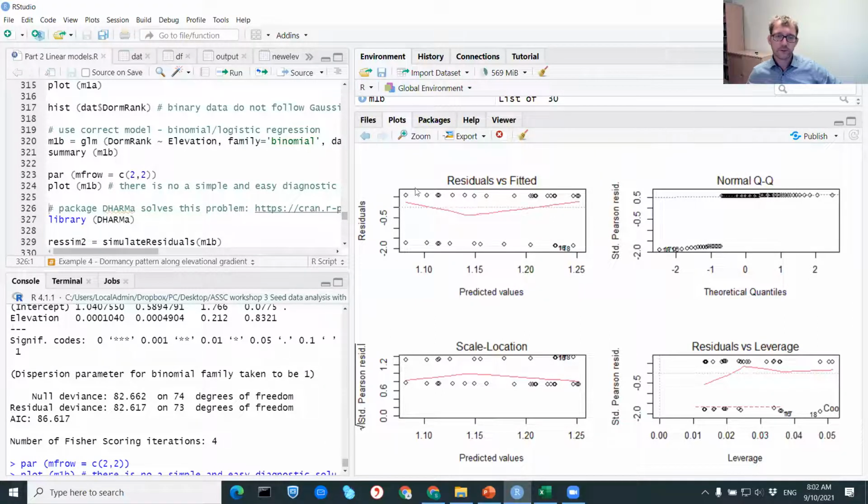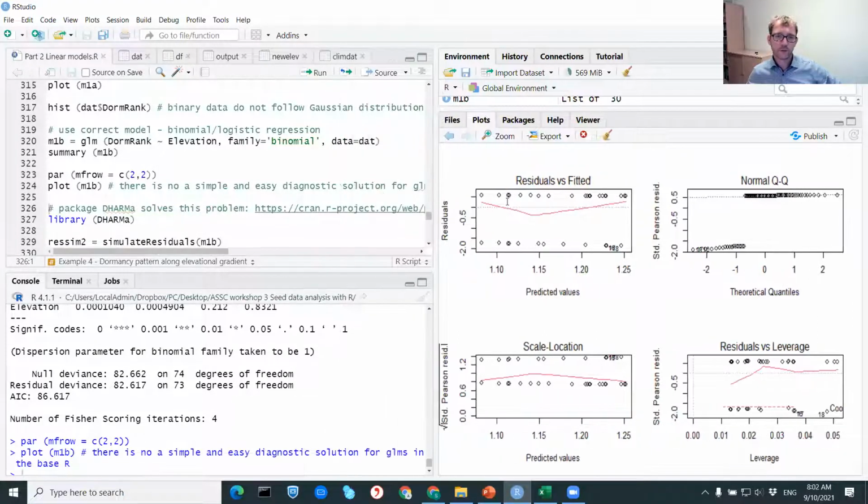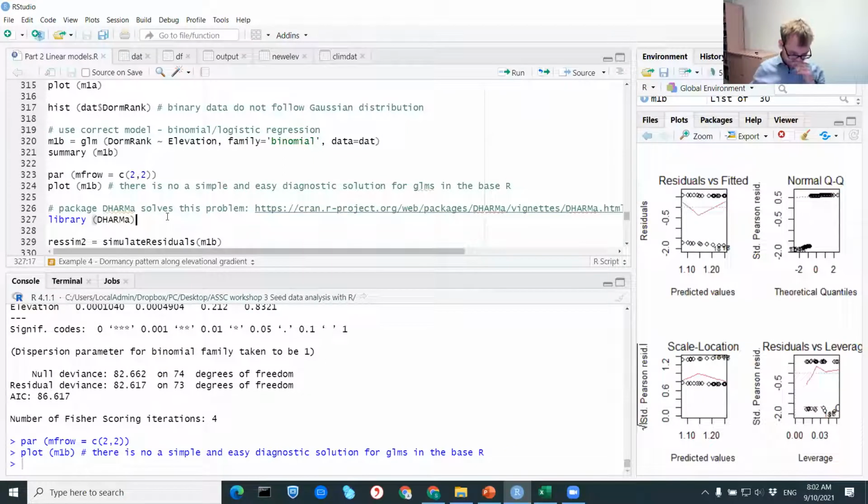But luckily for us, there is a solution called DHARMa. It's a package developed by Florian Hartig, who accidentally sits just two rooms further in the corridor.